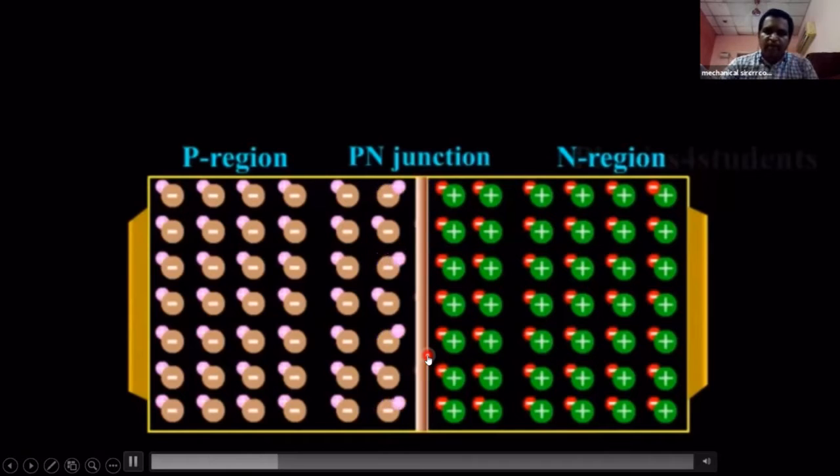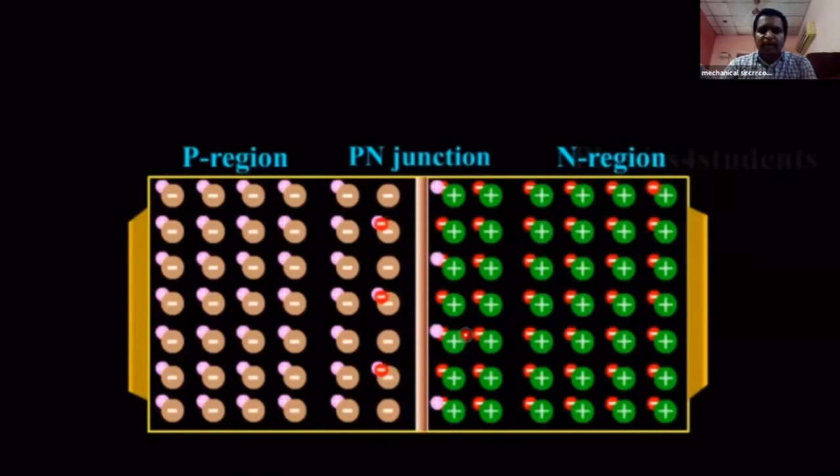Because of the diffusion process, the electrons and holes nearby the junction cross the junction. This process is called diffusion. This makes ions at the junction, negative ions on the left side and positive ions on the right side.